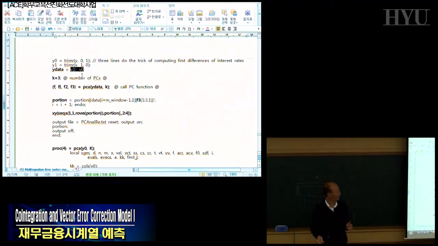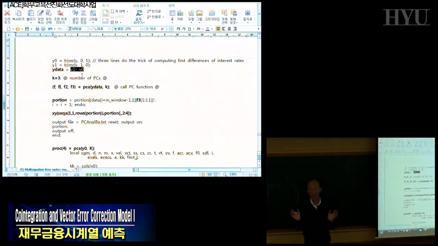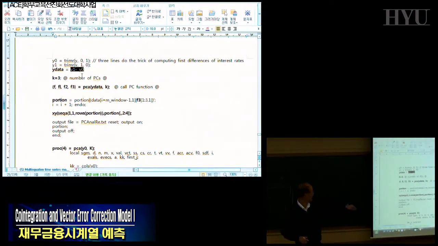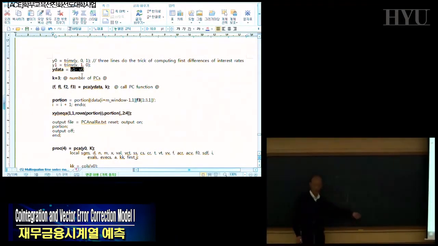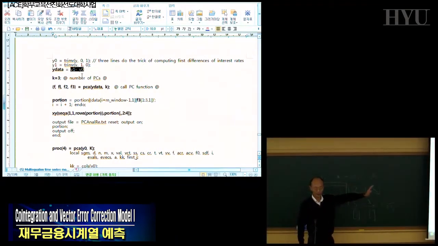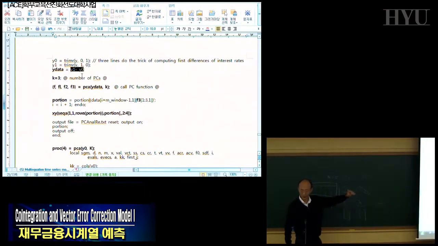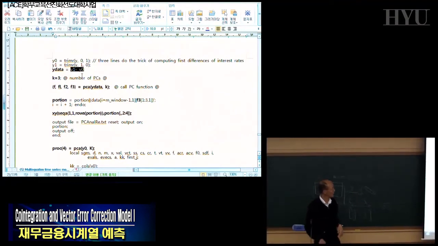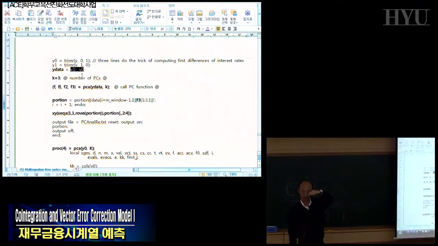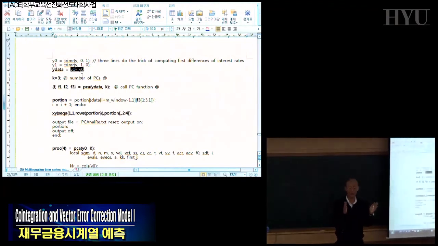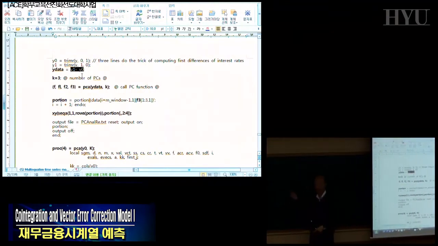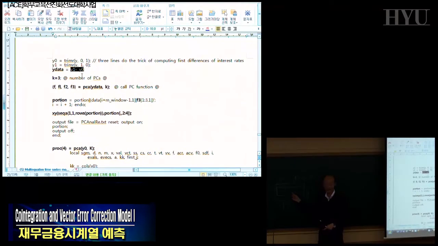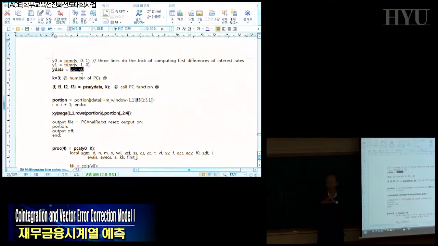But if you really need to understand the detailed computation here, then you have to take a close look and understand line by line what they mean. But think of this as a big function, and you specify the dimension of the problem and set some parameters and let the existing program do the job for you. Okay, so this is our strategy here.